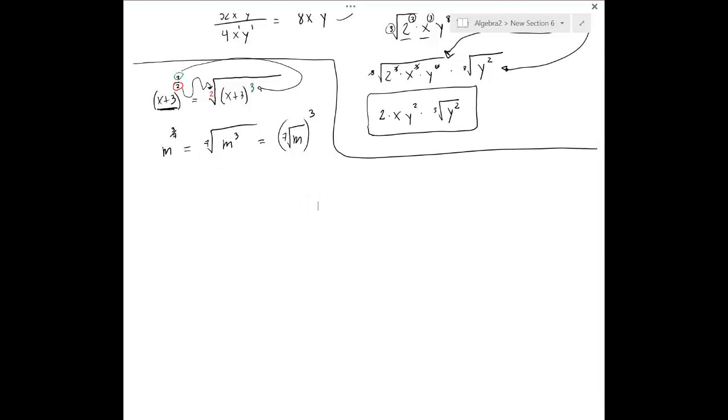If we're doing something like 8 to the 2/3, I can put the 3 as the denominator, as the index. Then I have 8 squared. I put the power inside of the radical.